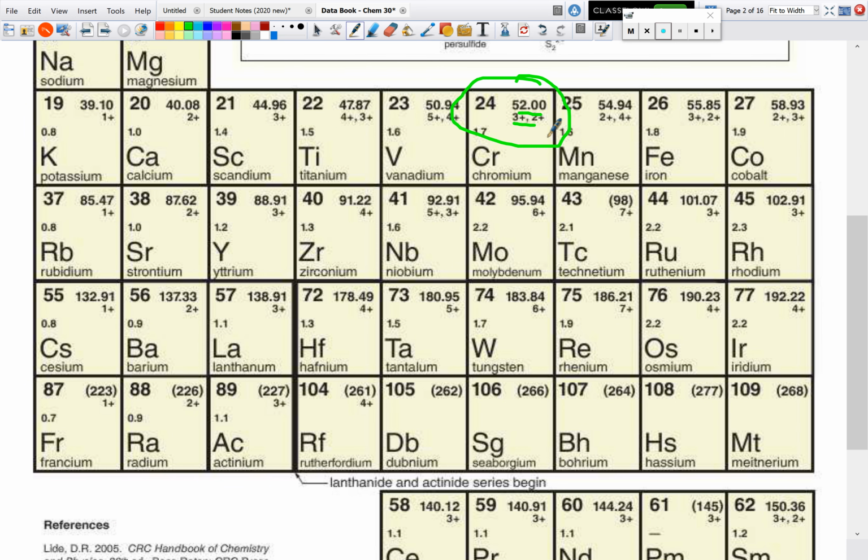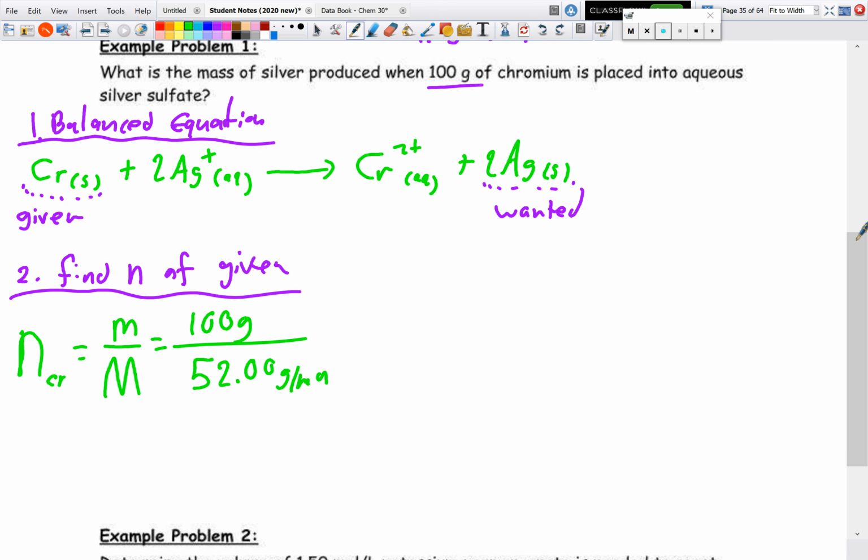So 52 grams per mole for chromium. And of course, when you do that, 100 divided by 52.00, we get 1.9230769 moles. Of course, that is for our chromium.